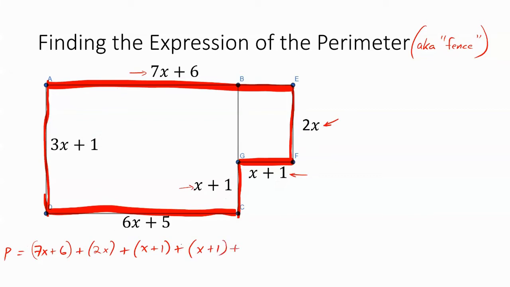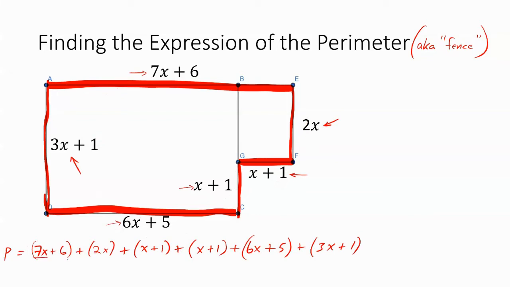And 6x plus 5 here. So notice how I'm just combining all these sides of the fence or slab, really depends on application. And 3x plus 1, which represents side AD. All right, so let's go ahead and combine like terms.